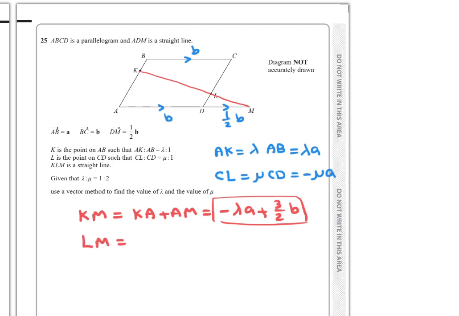Also we can find LM. LM equals LD plus DM, so equals LD, the ratio between CL and CD is mu to 1, so this part is 1 minus mu. So LD is (1 minus mu) times CD, which is negative a, plus DM, which is half b.